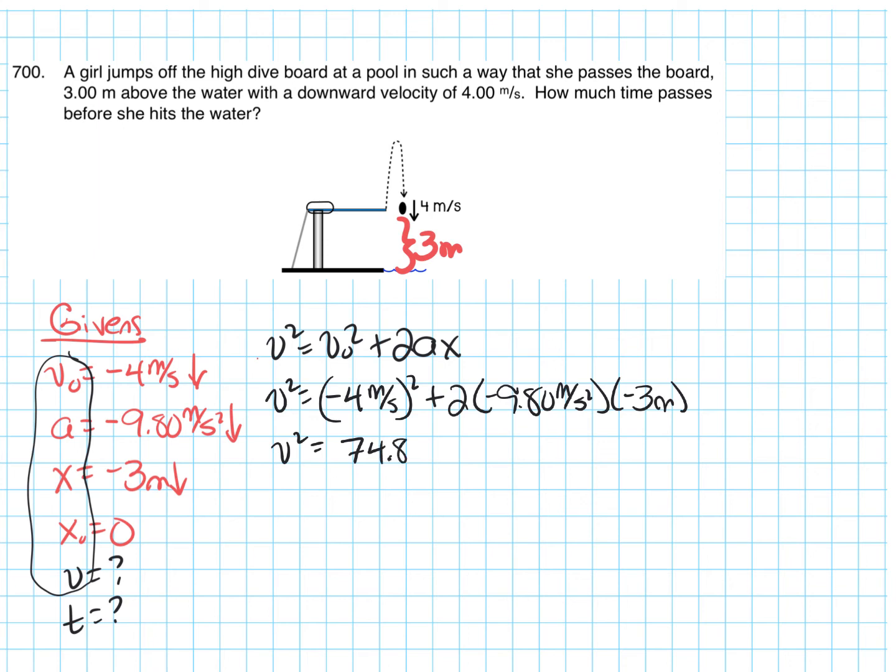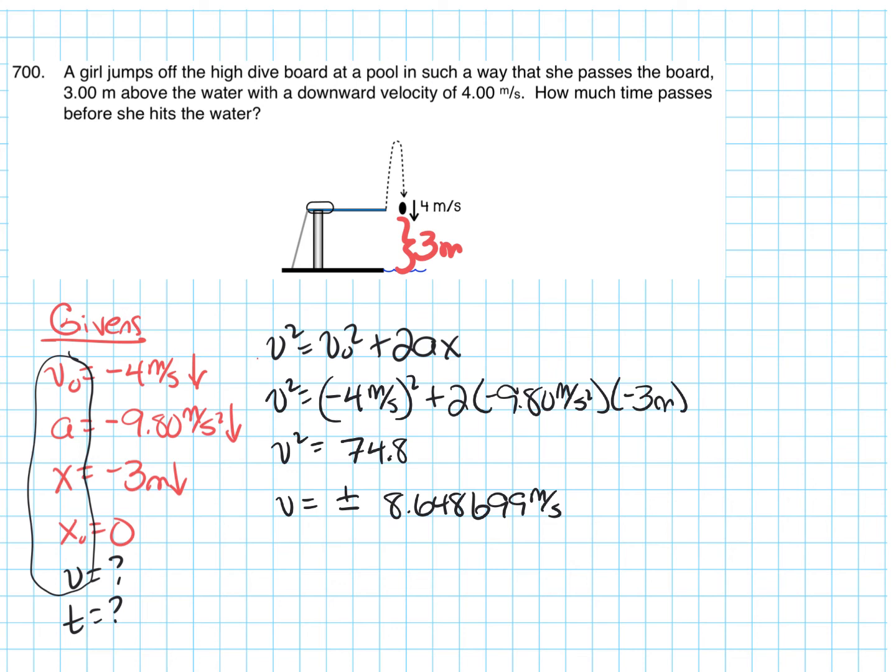But that's not the answer. I've got to find the velocity. So the velocity is the square root of that number. So that's going to be plus or minus 8.648699 meters per second.